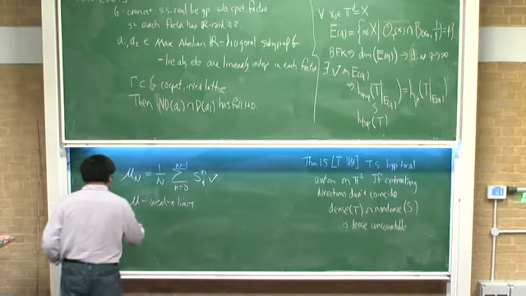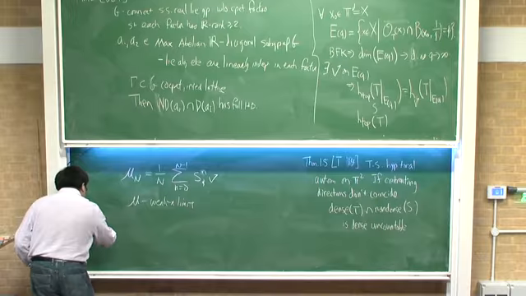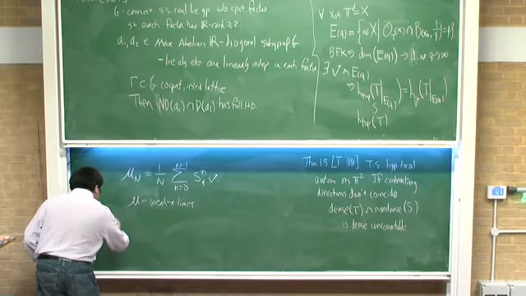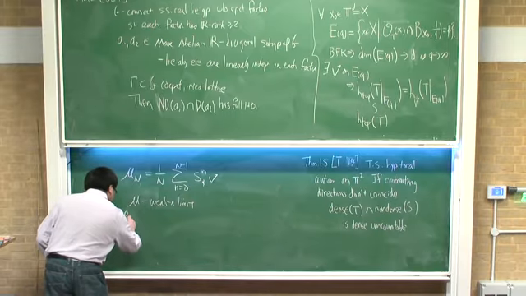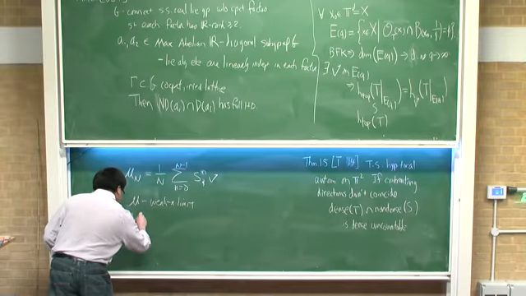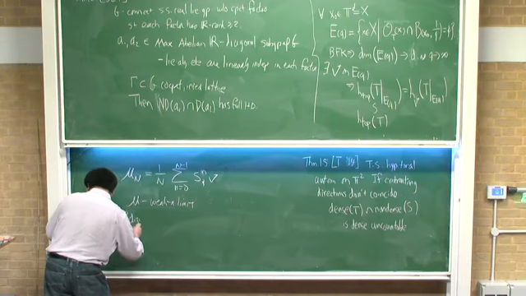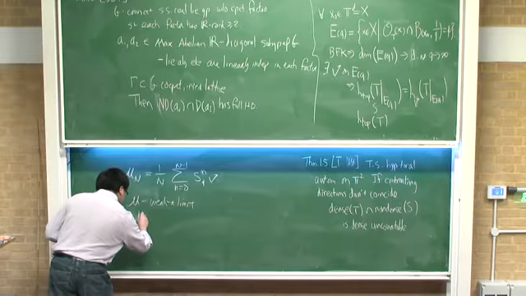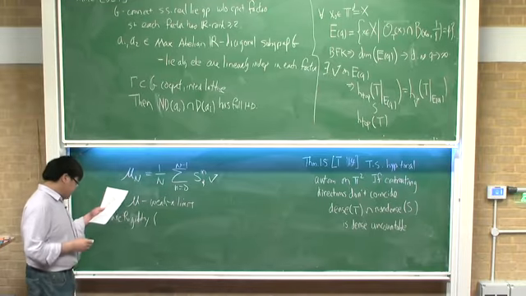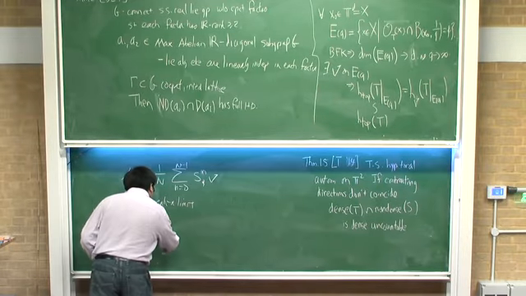And now we use measure rigidity, which is the result of Einsiedler, Katok and Lindenstrauss, the 03 result.